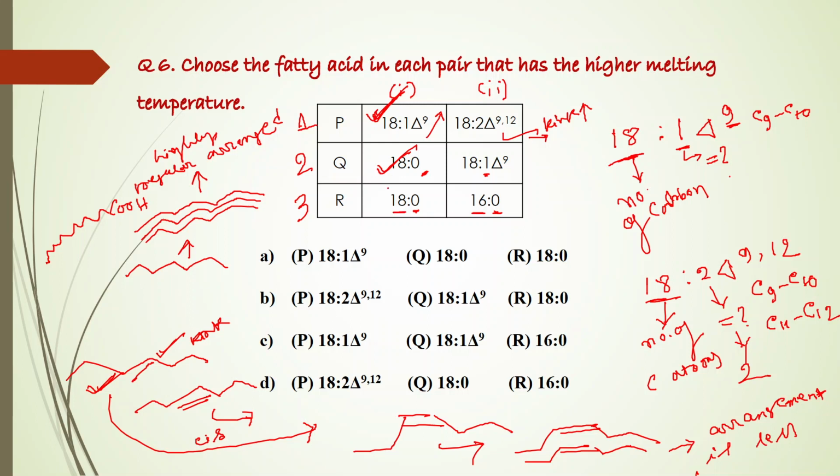In the first case, you have 18 carbon atoms, whereas in the second case, you have 16 carbon atoms. Fine. So how will it affect your melting temperature? Suppose, let me draw it like this. This has 1, 2, 3. Suppose your fatty acids look something like this.